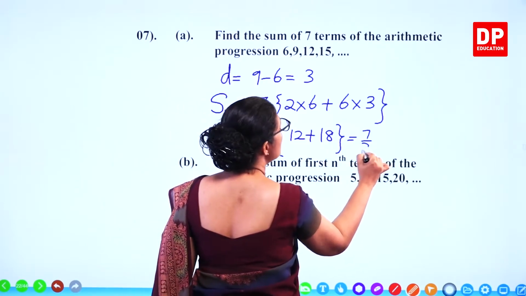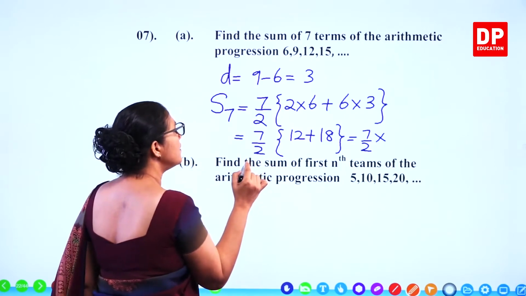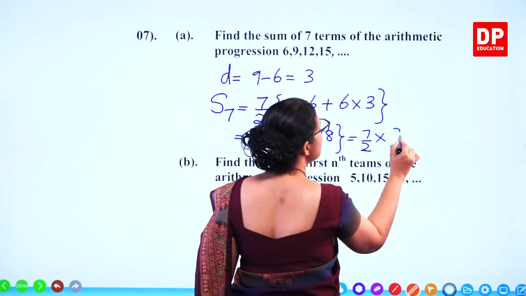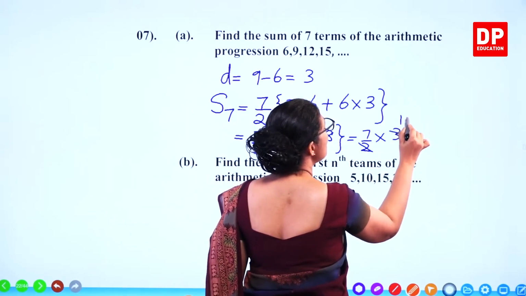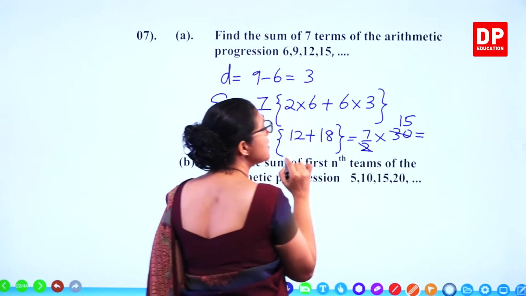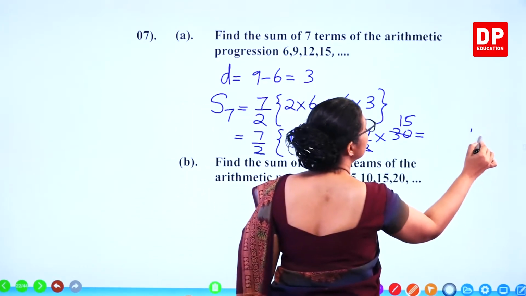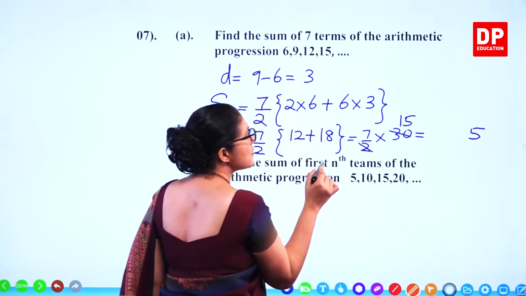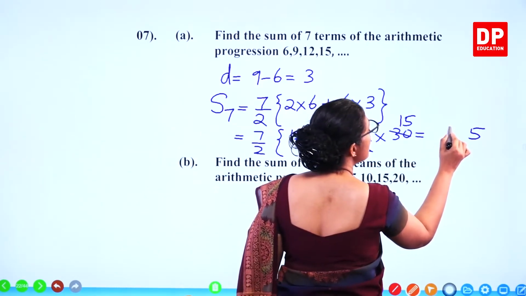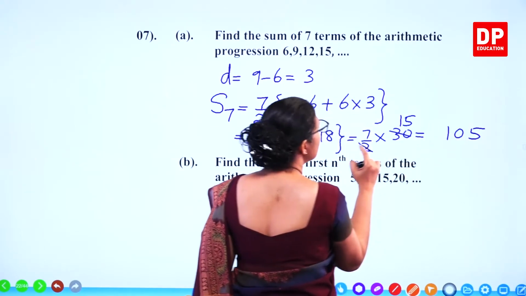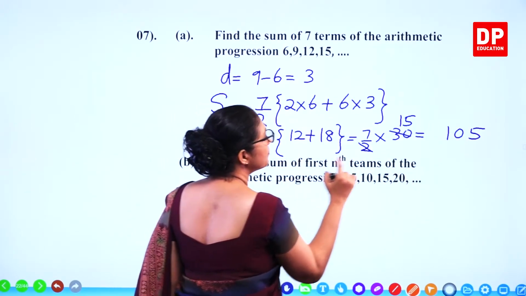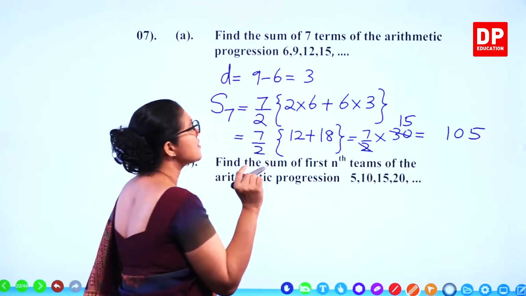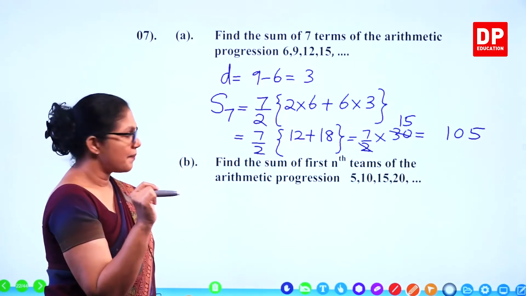So 7 over 2 times 18 plus 12, 30. So 2 times 15 is 30. So 7 times 15. 7 times 5, 35. 7 times 1, 7 plus 3, 10. So 105 is the sum of 7 terms.